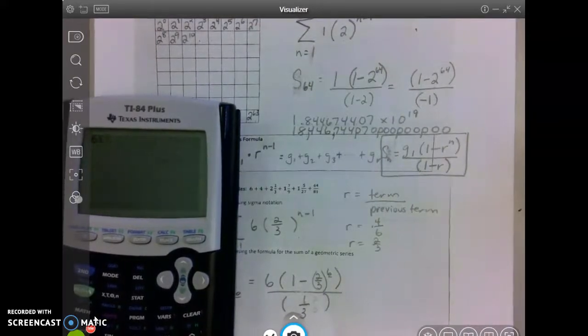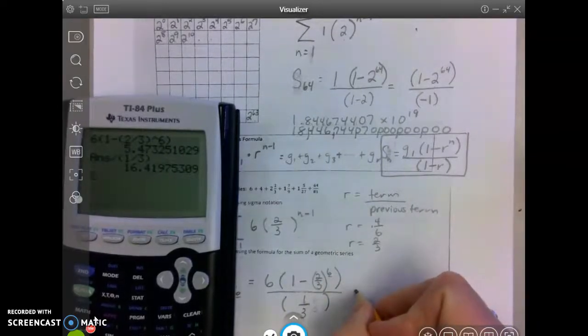6, parentheses, 1 minus the 2/3 is what's getting raised to the 6th power. So all of that is my numerator, divided by my denominator, which is 1/3, that I have to protect with parentheses.